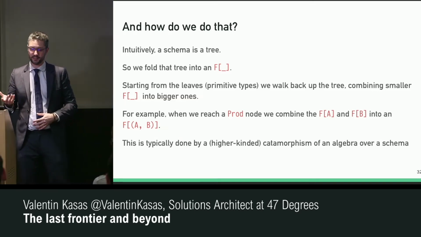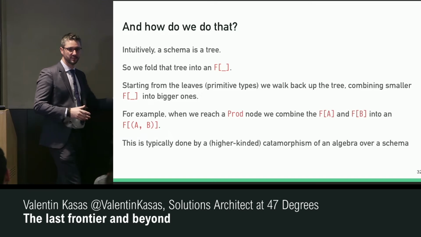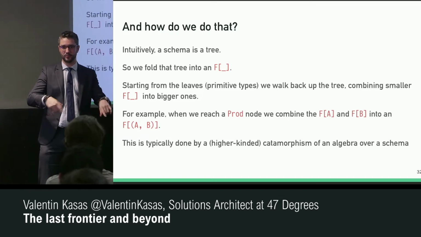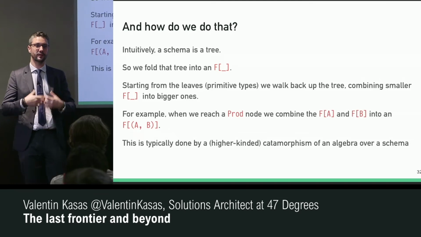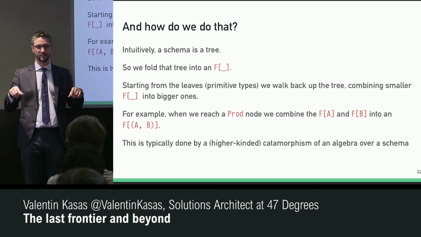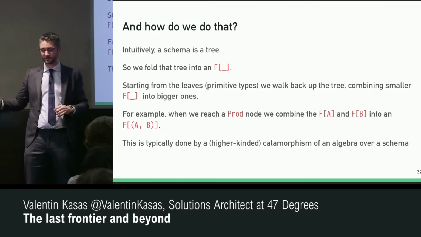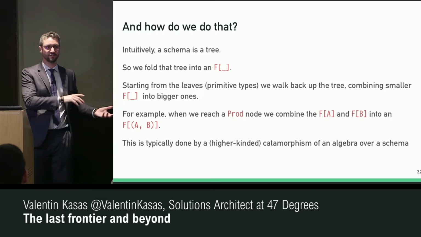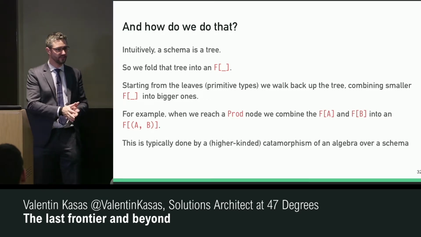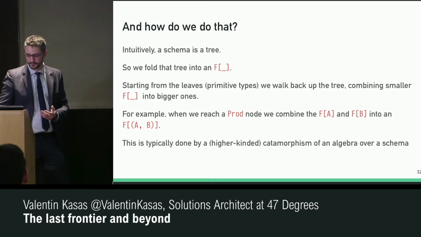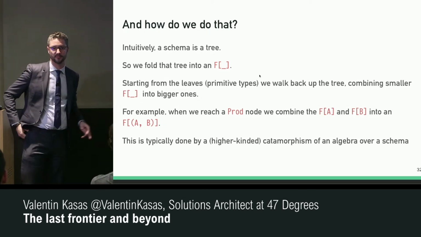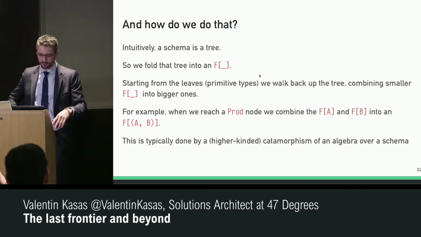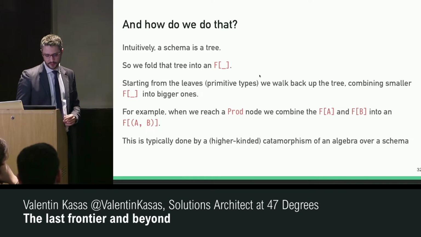When it encounters, for example, a prod node, it will take the two, f of a and f of b, and combine them together to get an f of the pair ab. And so on and so forth. At the end, you get an f for your concrete type. This operation is called a catamorphism in recursion schemes, but that's really not that important.